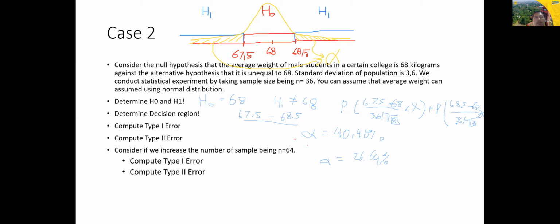Okay, it is clear? And the area in case the sample is 36 will be around 40%, and in case the n equal to 64 it is equal to 26%.